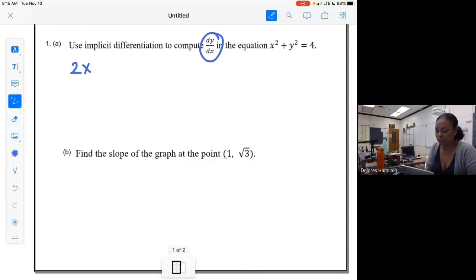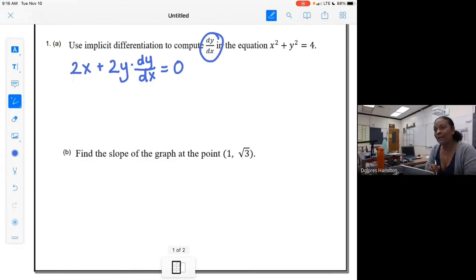However, for y squared, I am implicitly deriving, so the derivative of y squared is 2y times dy/dx. We're treating y as a function of x. And on the right side, the derivative of 4 is 0.